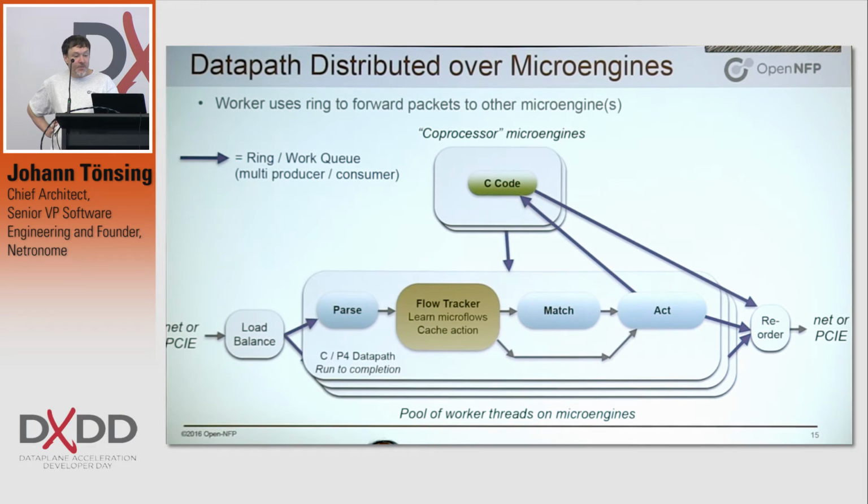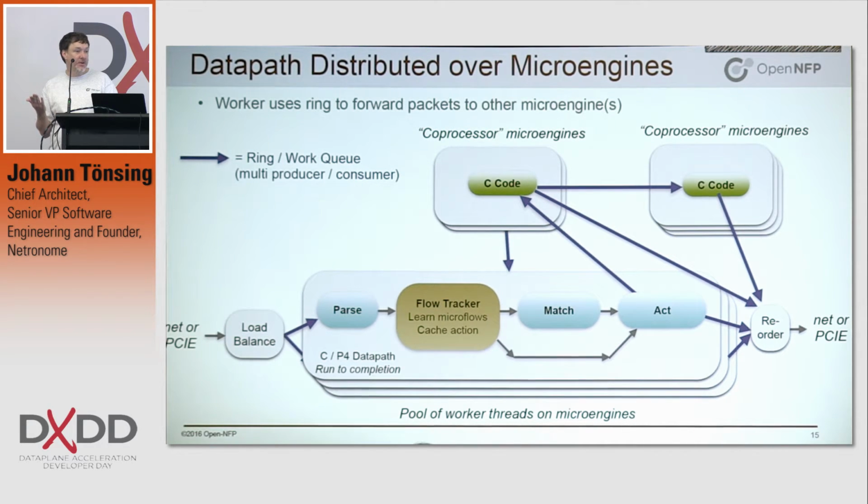If you prefer, you can make your own topology of processing stages. So you can make effectively your own pipeline. You can have stage one feed, with what we call a work queue or a ring, packets to another one, and you can keep going. So really the style of programming is up to you. If you prefer everything in one, fine. If you want to build up a pipeline, another topology, that's also fine.